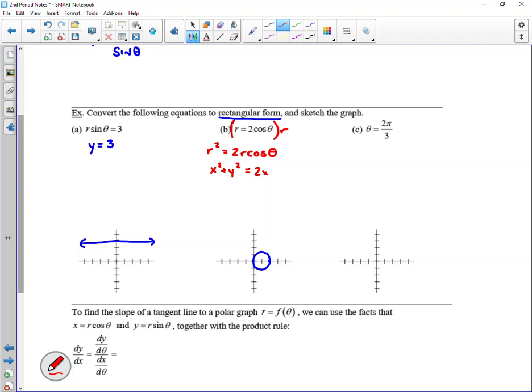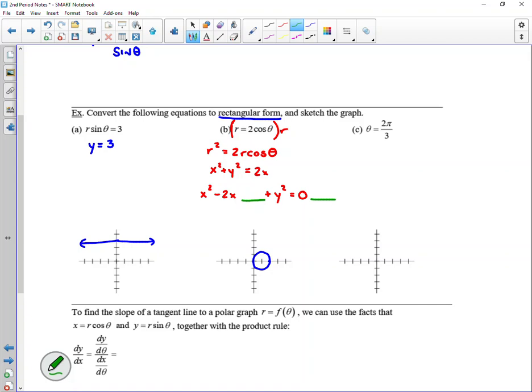And then what do we do? Put the x's on one side. Okay, so brought everything over to one side. What do you think we're going to do? Exactly. So we're going to complete the square. What should I add to that to get it to be a perfect square?